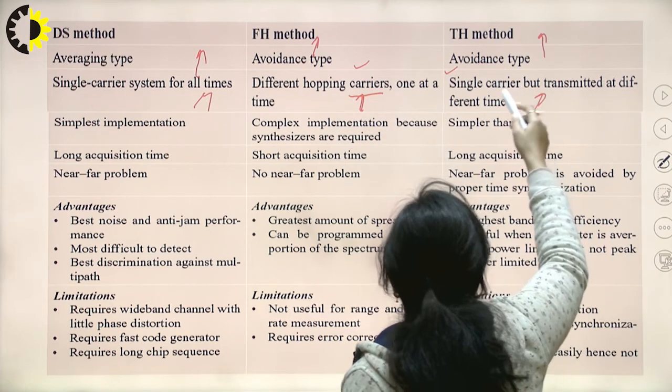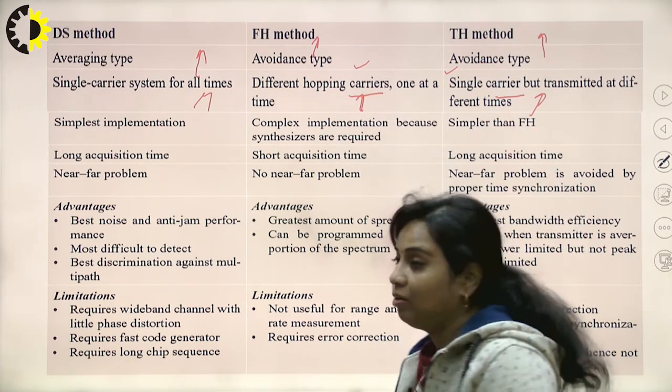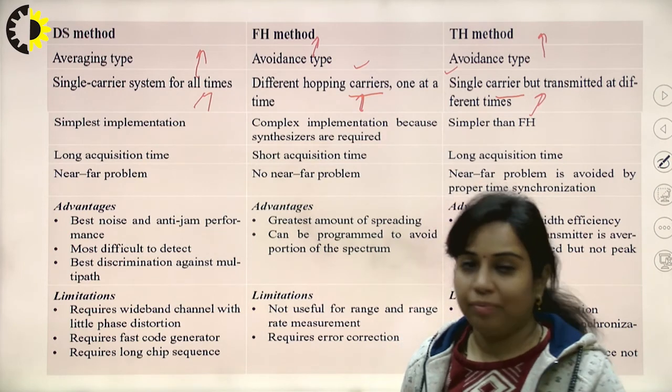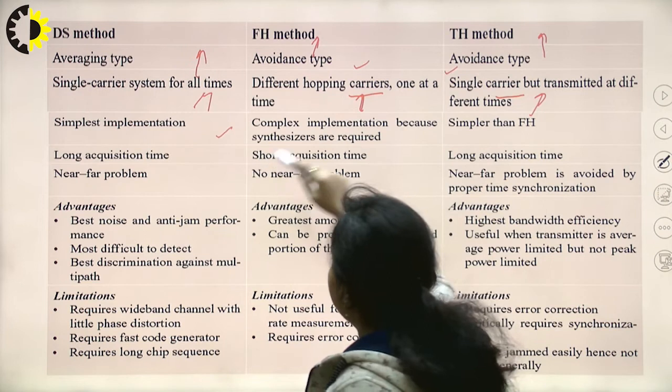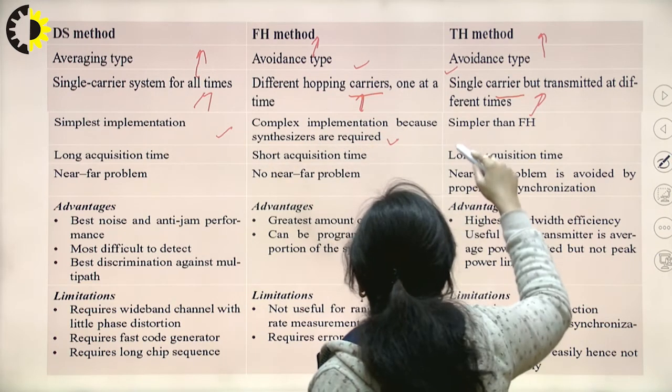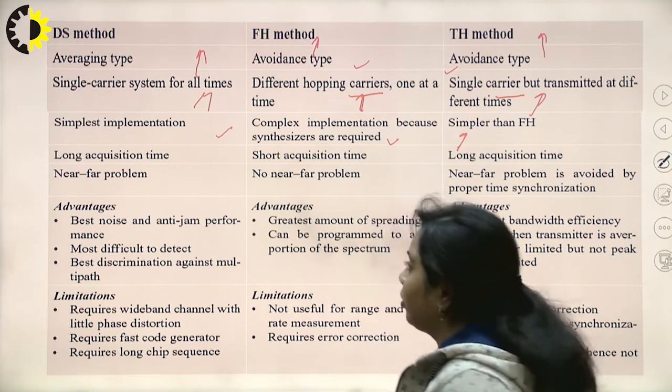In case of time hopping, we require a single carrier signal, but it will be hopped at different points of time. Now this is the simplest implementation, this is the complex implementation because synthesizers are required, and this is also simpler than frequency hopping.